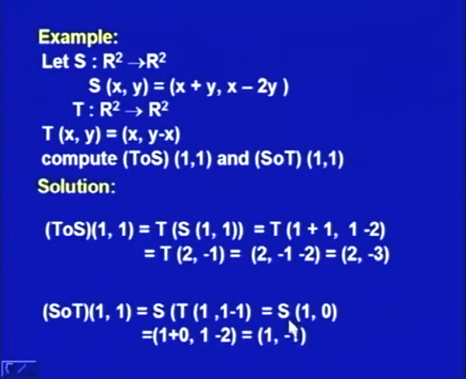So, this reduces to S of 1 comma 0, and now I apply this definition. So, it is equal to 1 plus 0, x plus y, comma 1 minus 2, this is equal to 1 comma minus 1. So, that is how we compute composite transformation. So, given two transformations, one can obtain the composite transformation.